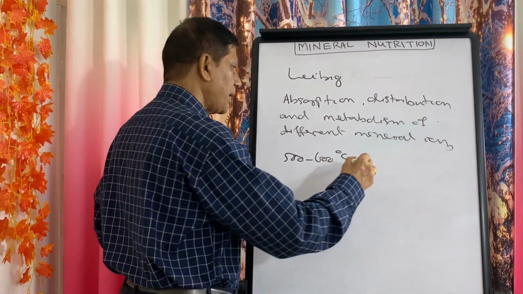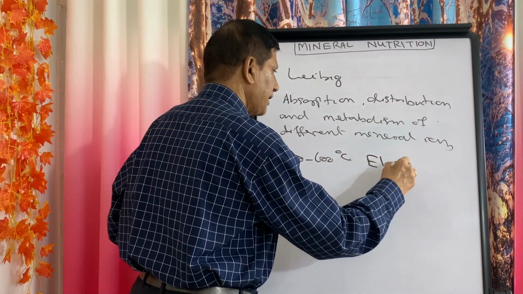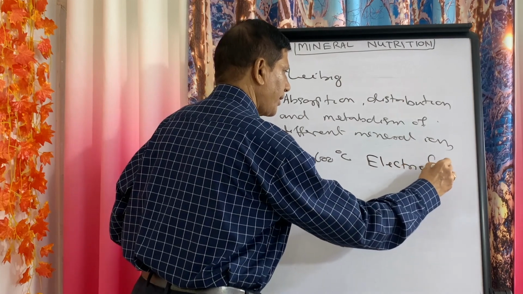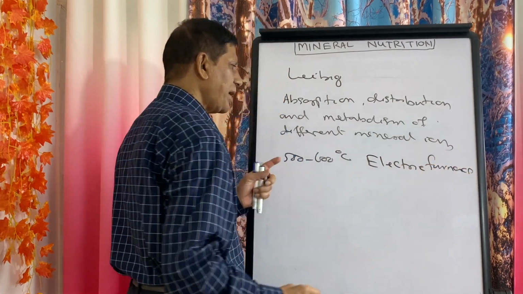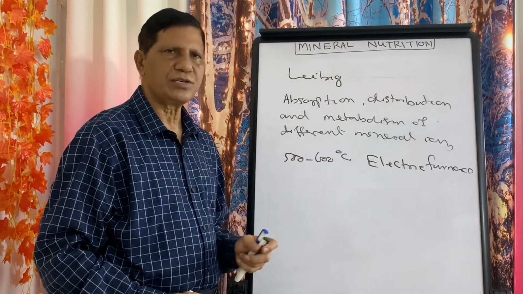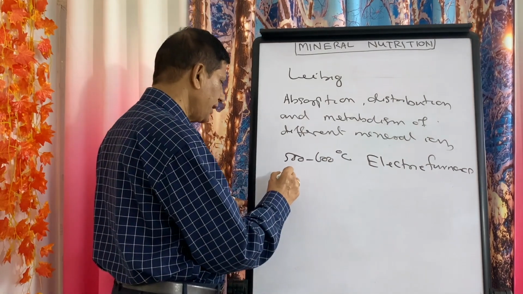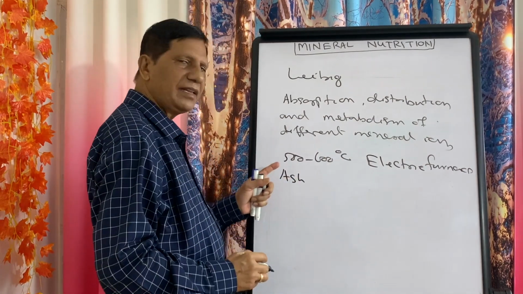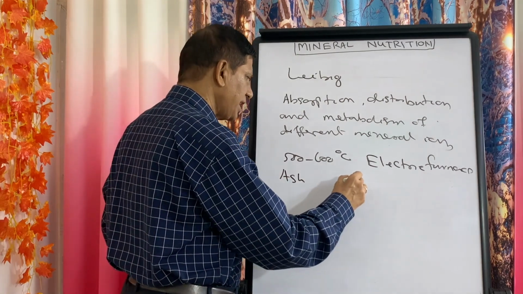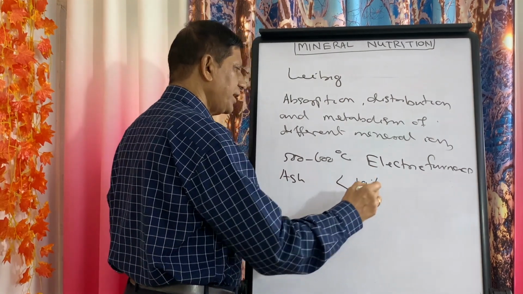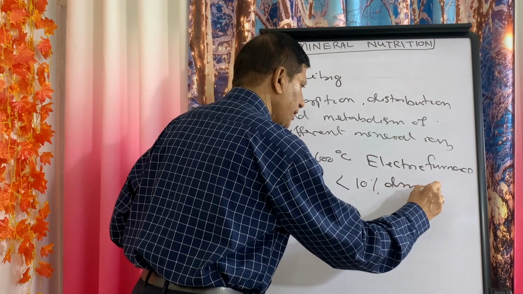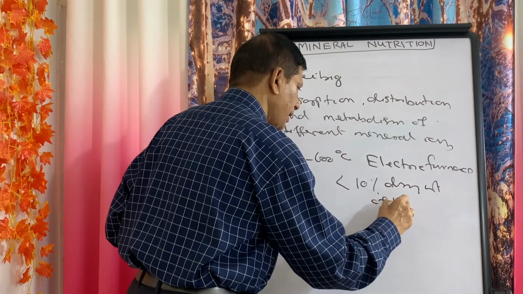For this, we have to take the help of an electric furnace. So if a plant is burnt in an electric furnace, ultimately what will we get? We will get ash, and the ash content is less than 10% of the dry weight of the plant body.